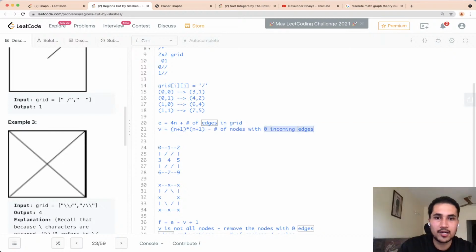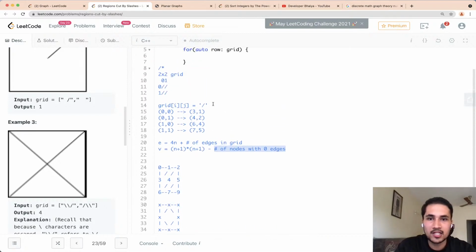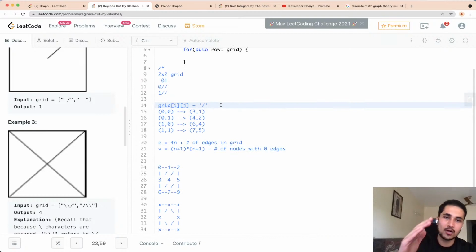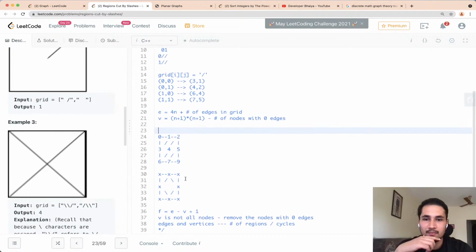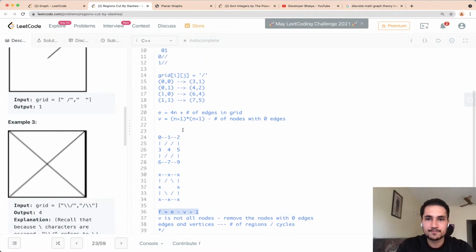So to calculate the number of nodes with 0 edges, because it's an undirected graph, I need to process this grid ij. If it's a forward slash or backslash, I need to figure out the relevant vertices in my graph and increment their counters of degree. And at the end, I can iterate on all my nodes, and I can count the number of nodes with 0 edges, and once I have E and V, my answer is this.